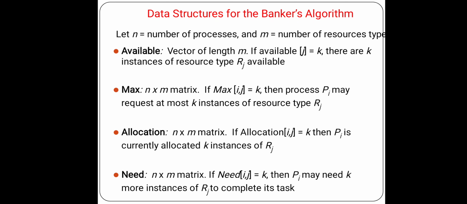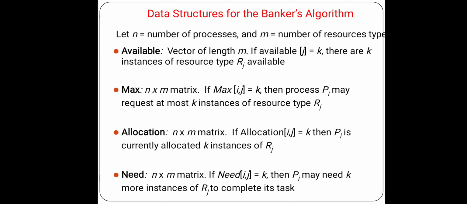And need means the maximum k. If need of i, j is equal to k, then Pi may need k more instances of Rj to complete its task. One more time, I need a maximum of 10 to complete my process.